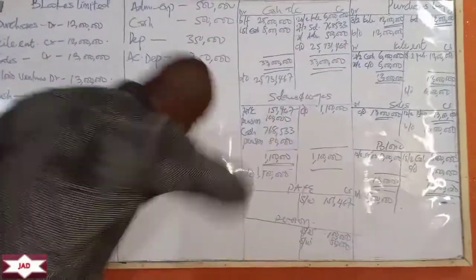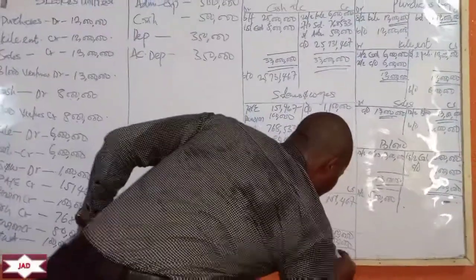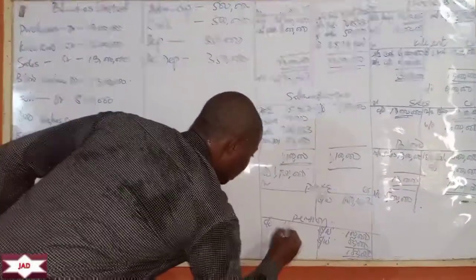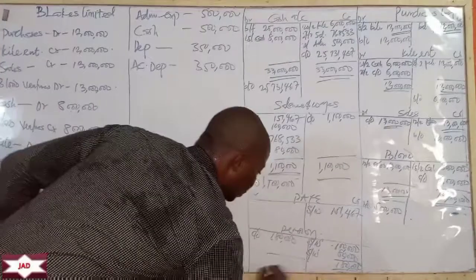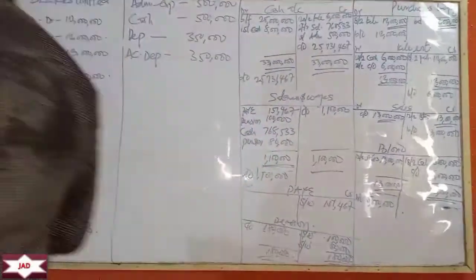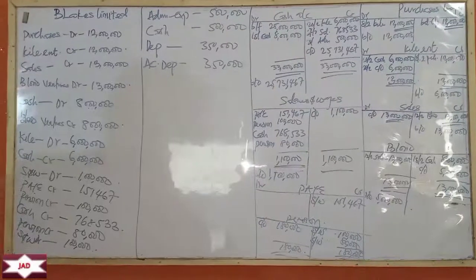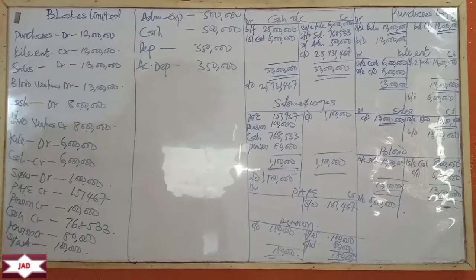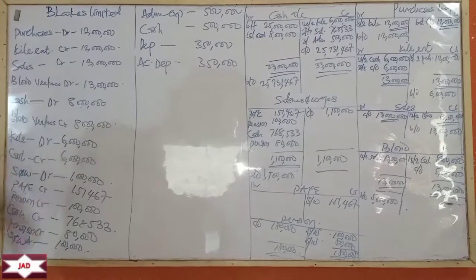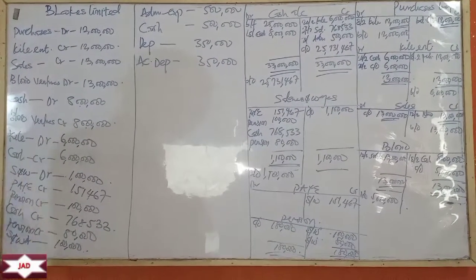So the total pension is what? 180,000. So we have carried on 180,000. So both sides become 180,000. Okay, so we've done pension, we've done cash. Cash is there. We've done salaries and wages.